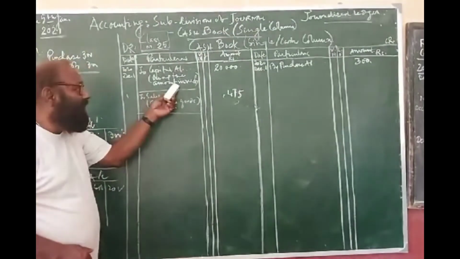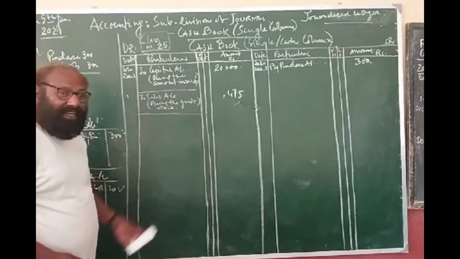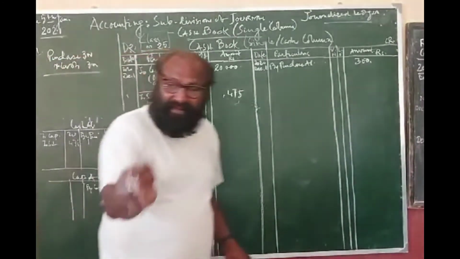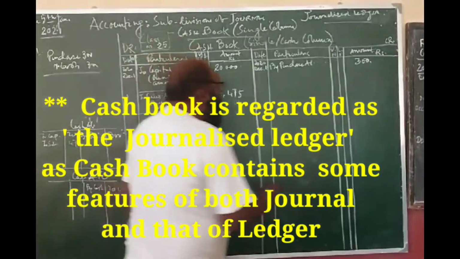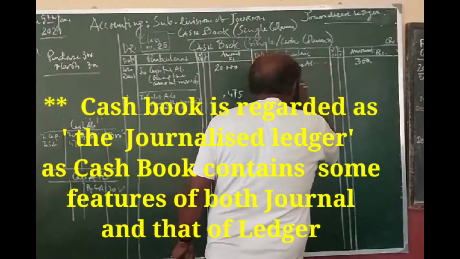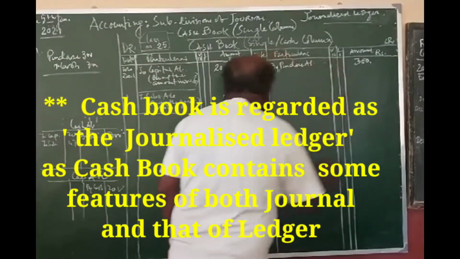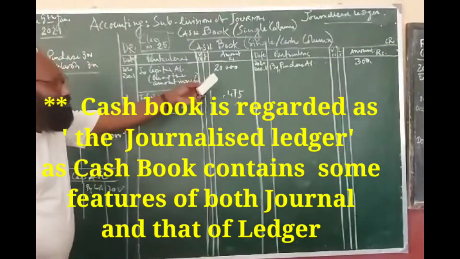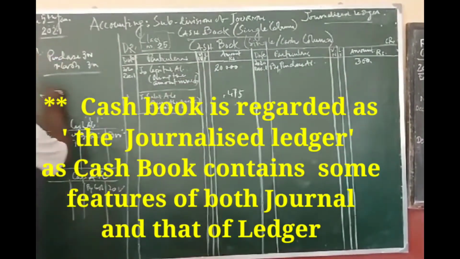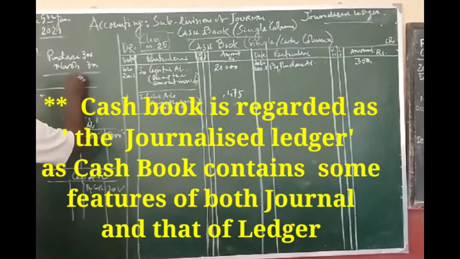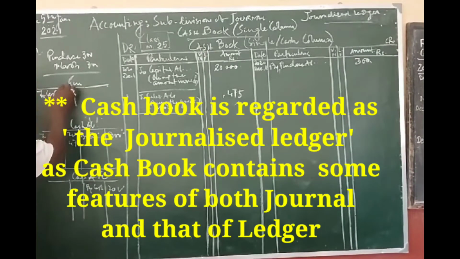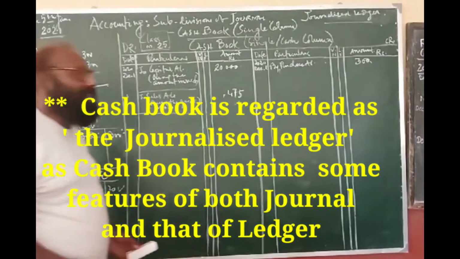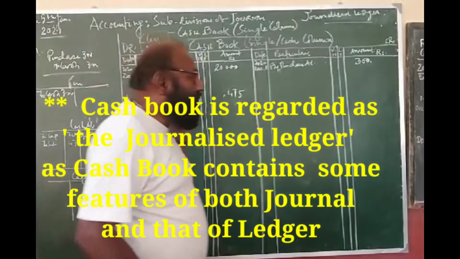That is why it is known as a journalized ledger. Now, here the purchase of goods in cash, purchase account debit to cash. So I did purchase, and for purchase we should open one purchase account, and there we should write "to cash". In this way we are recording all this.